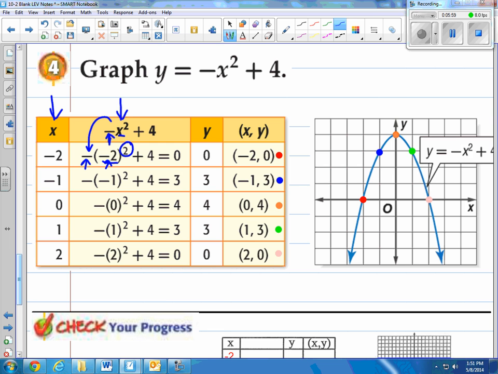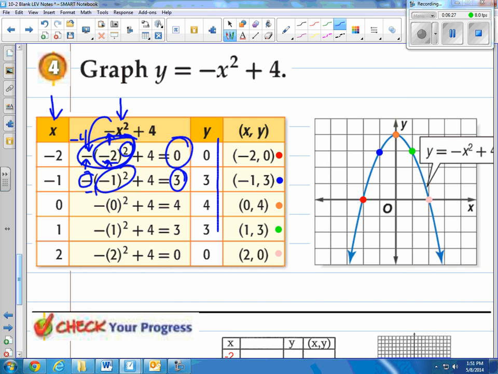When you do the math on this, we're going to do this first, because exponents come first. Negative 2 times negative 2 is 4. Then we're going to put a negative on it, so it'll be negative 4. And then we're going to add 4. That's why it is 0. Same thing here. Negative 1 squared is going to be 1. Put a negative on it. Now it's negative 1. And we're going to add it with 4, and we get 3.